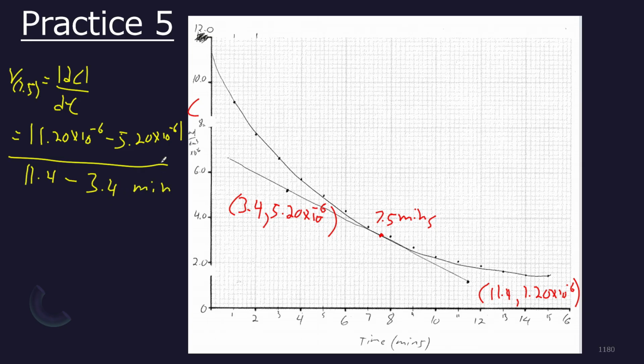Don't forget the units. So we will end up with mole per decimeter cubed per minute. This comes out to 5 times 10 to the minus 7.